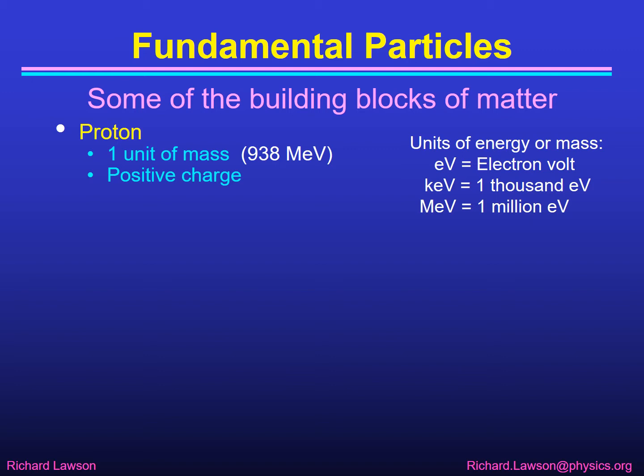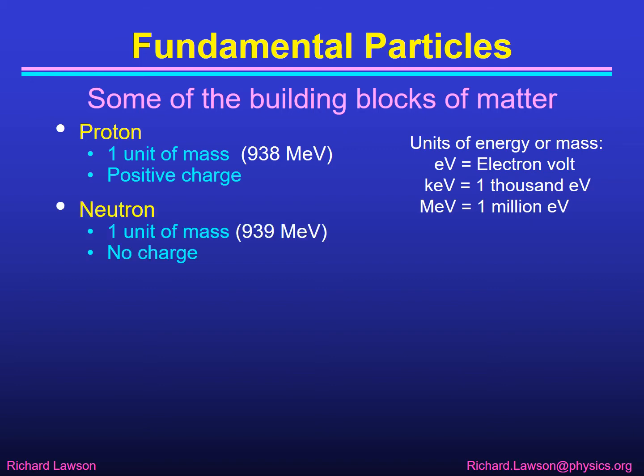I talk about keV, which is 1,000 electron volts, or MeV, which is 1,000,000 electron volts. Now, the proton has a mass of 938 million electron volts, but you don't need to worry about remembering that. We just think of that as being 1 unit of mass.